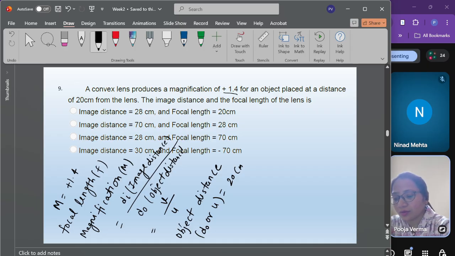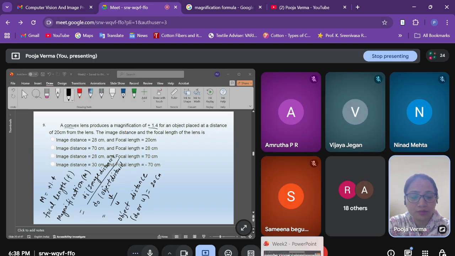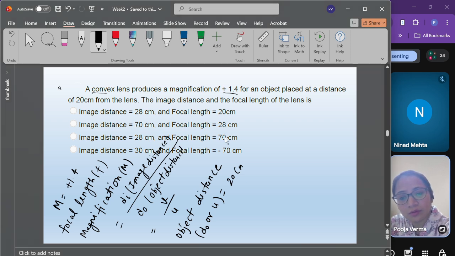We take the negative sign because it is on the opposite side of the light propagation, because it is a convex lens.